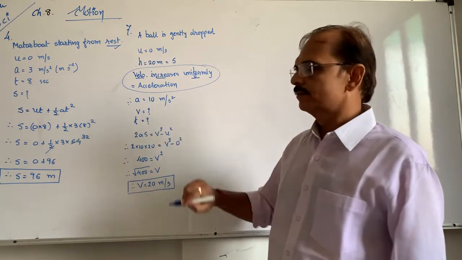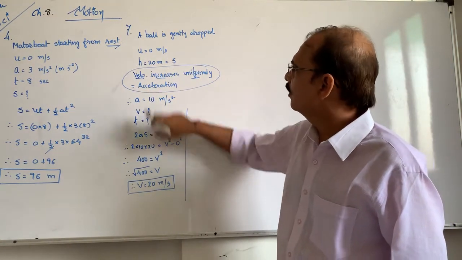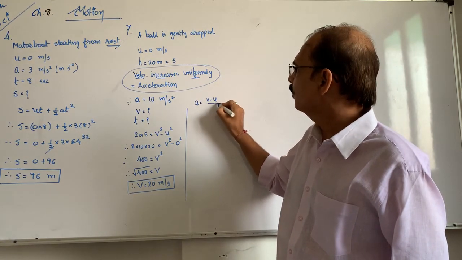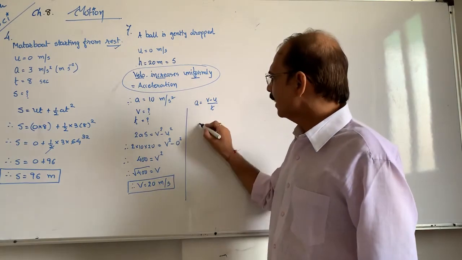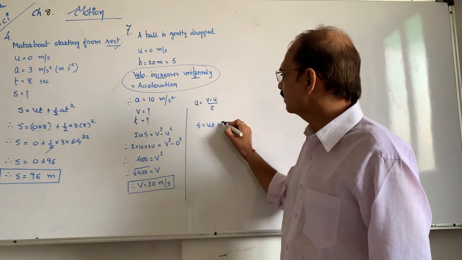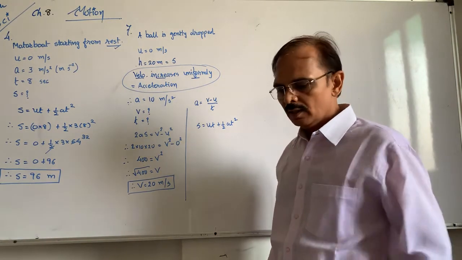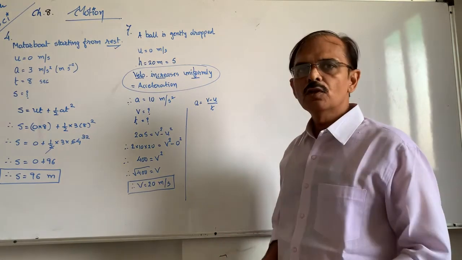Now time. Once again, we have a, we have v now, we have u also. So you can say acceleration equals v minus u upon t, the simple formula of acceleration. You can also use s equals ut plus half at square, then also you will get time. But here we use the simple formula a equals v minus u upon t.